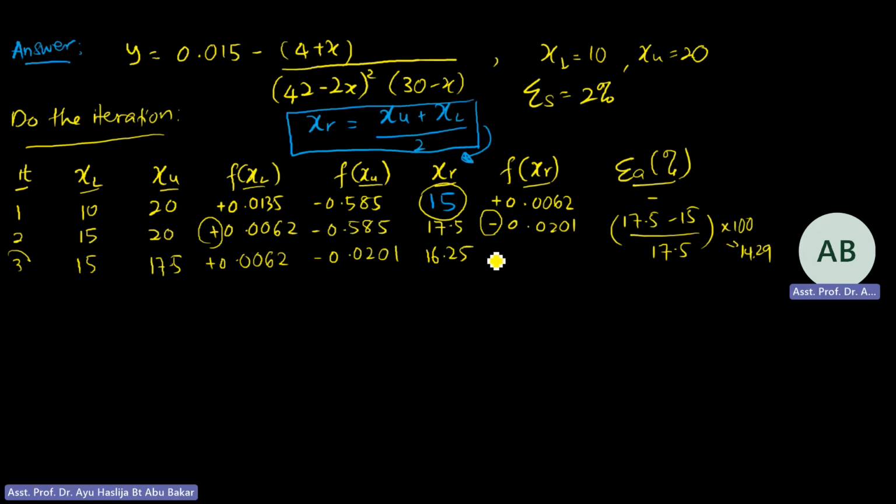Okay, I go faster a bit. We are approaching 9:30 already. Okay, here you will be getting this figure. The EA for the third iteration is 7.6%.